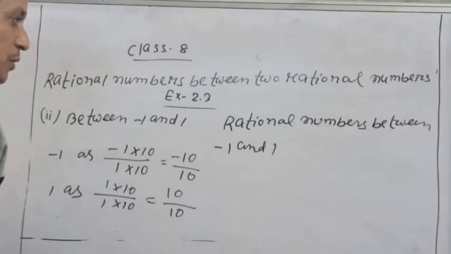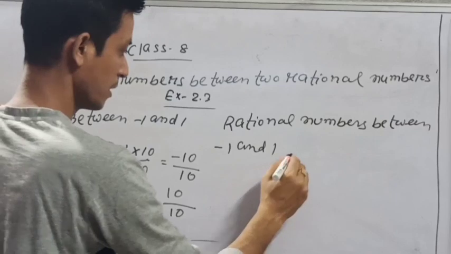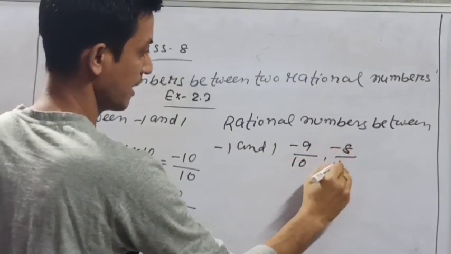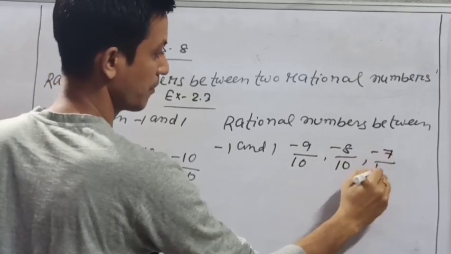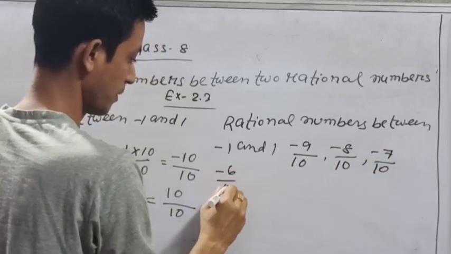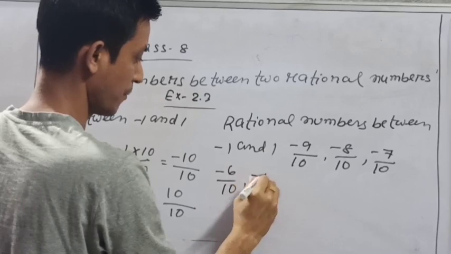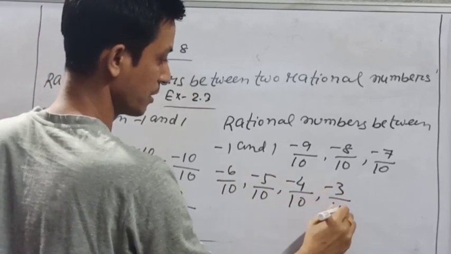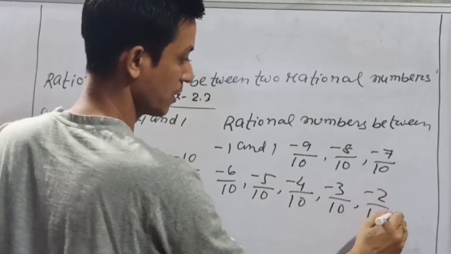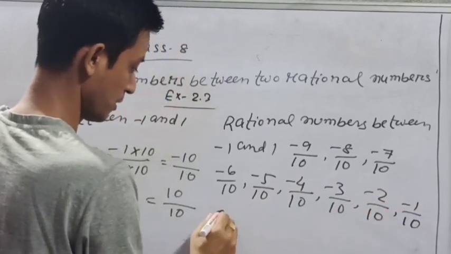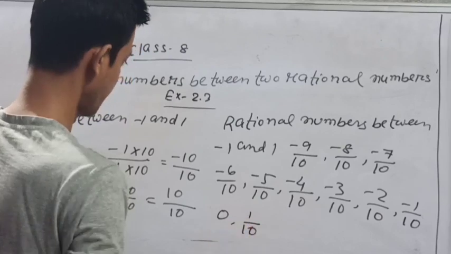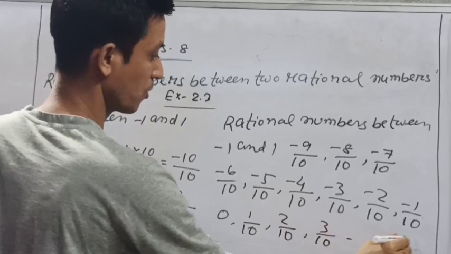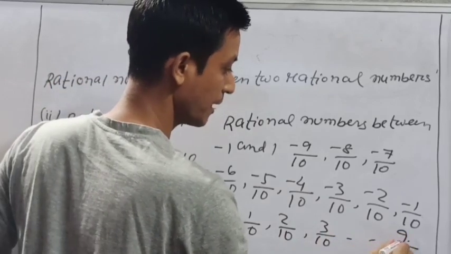Rational numbers between minus 1 and 1, you can say minus 9 by 10, minus 8 by 10, minus 7 by 10, minus 6 by 10, minus 5 by 10, minus 4 by 10, minus 3 by 10, minus 2 by 10, minus 1 by 10, then 0, 1 by 10, 2 by 10, 3 by 10, and you will get up to 9 by 10.